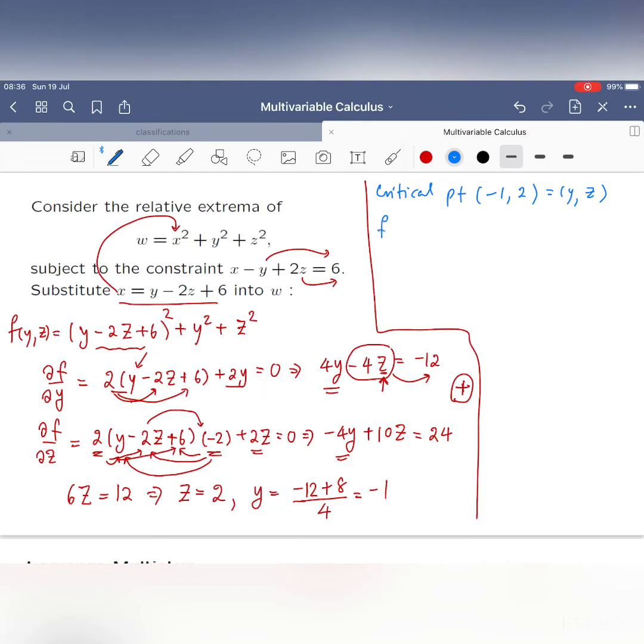You check f sub y, okay, the same direction derivative, all right? And you can just simply look at this one, okay? And f sub y, you got 2 and 2, okay, which is 4. And another same direction, f sub z, you see this one, -2 and another -4.